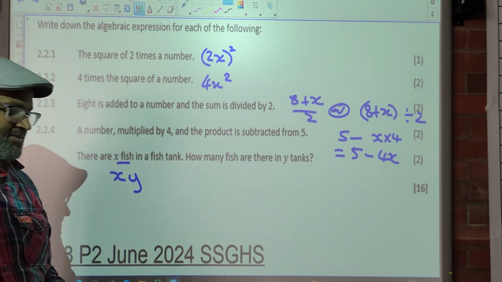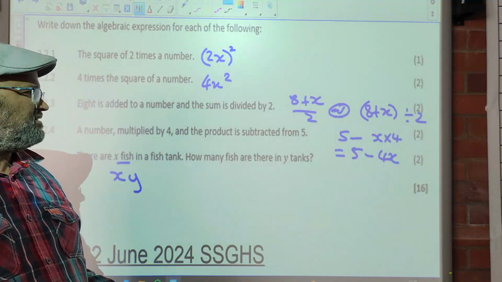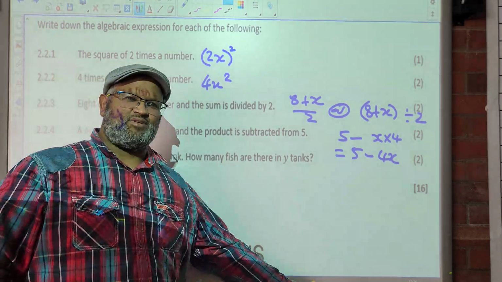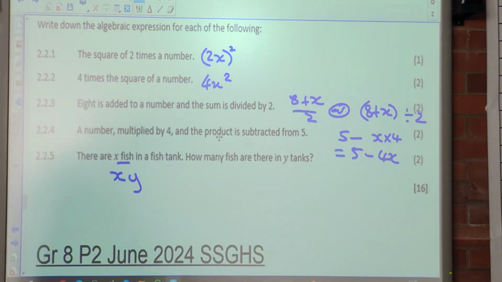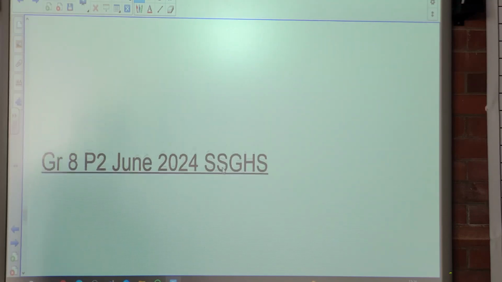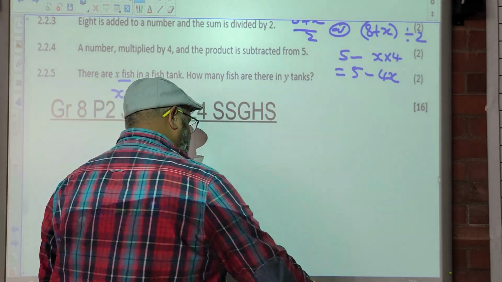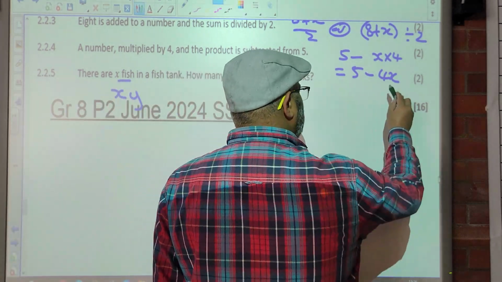Yes, Michael. Sir, 2.4, could you have also said 4x minus 5? No, it's not the same as 5 minus 4x. Whatever follows from, you must write first. And I can show you why it's different. Let's choose x to be 1.